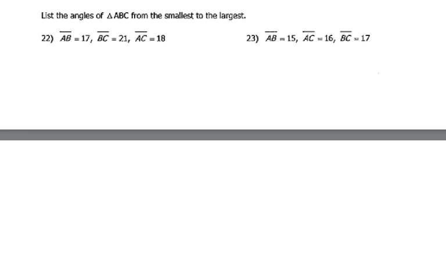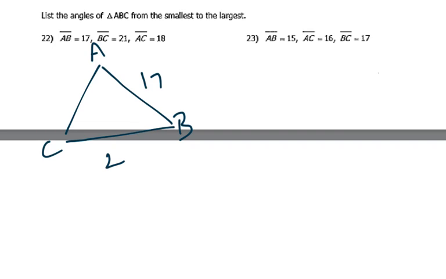Okay, number 22, we finally start getting a little bit difficult. This one you actually have to draw the triangle. You won't be able to do it any other way. It says list the angles of triangle ABC from smallest to largest. I don't know any other way to do this besides draw the triangle. So we're going to draw the triangle, and I'm just going to say A, B, C. AB is 17, BC is 21, and AC is 18.